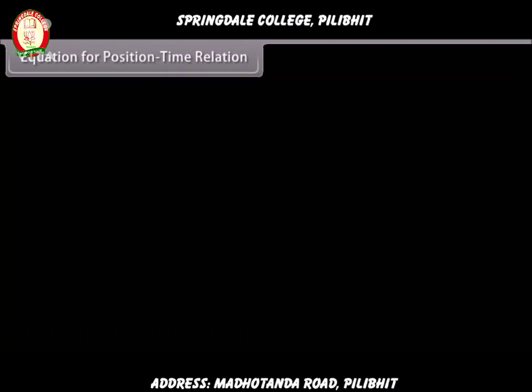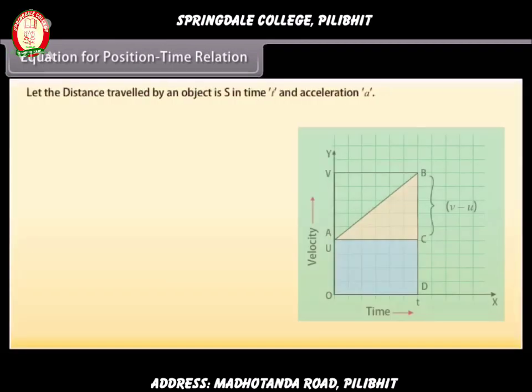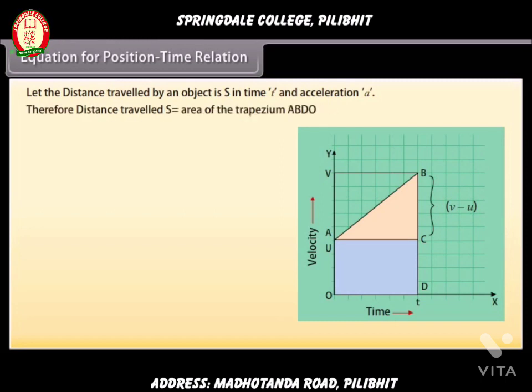Equation for position-time relation. Let the distance traveled by an object be s in time t with acceleration a. The distance traveled by the object is obtained by the area enclosed within the graph. Therefore, distance traveled s is equal to the area of the trapezium ABDO, which equals the area of rectangle ACDO plus the area of triangle ABC, which is equal to OD into OA plus 1 upon 2 BC into AC.